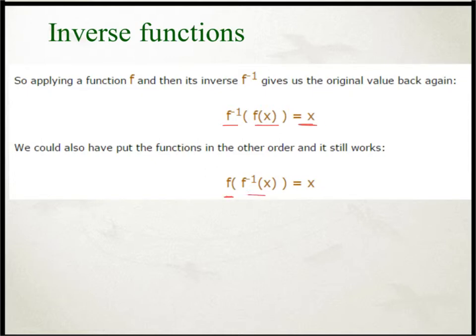Or you could switch the order, so I could have some output from my inverse function and plug it into my f function, so that's why these are nested into each other. This is also called a composite function. That's where you plug one function in for the variable of another function. So you're always going to get back that value, no matter what it is.